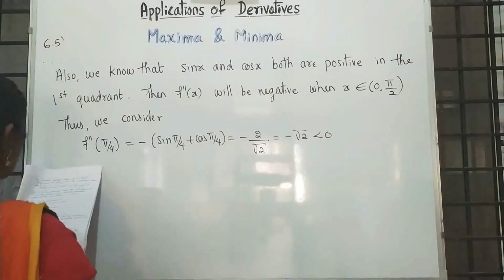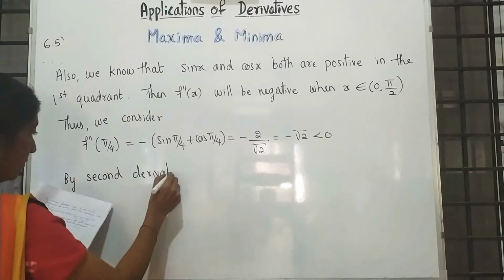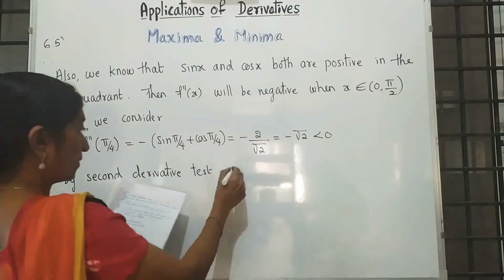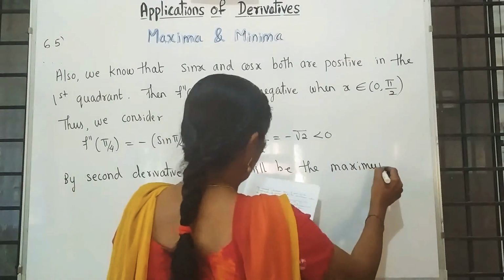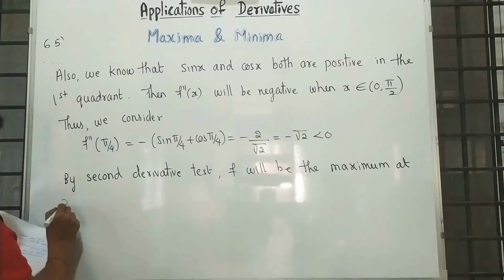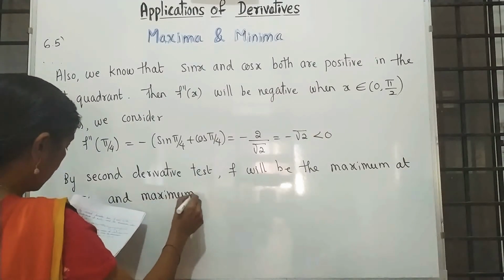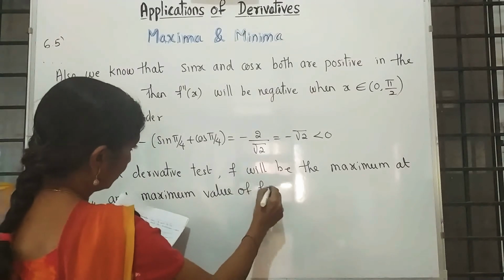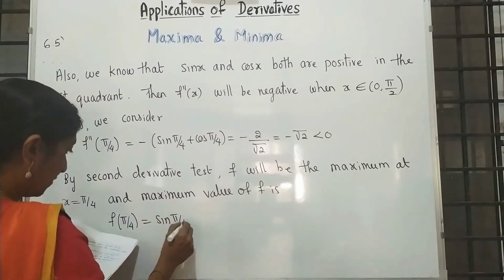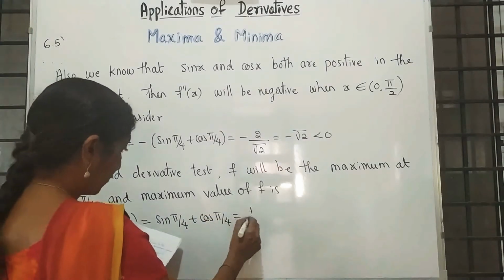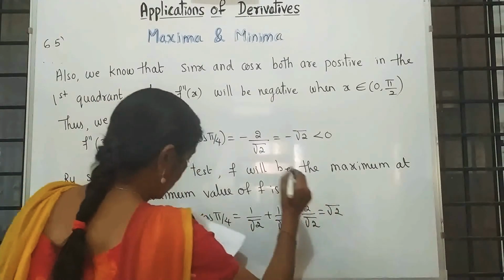By second derivative test, f will be the maximum at x is equal to pi by 4 and maximum value of f is f of pi by 4, that is sin pi by 4 plus cos pi by 4. 1 by root 2 plus 1 by root 2 is 2 by root 2, that is nothing but root 2.